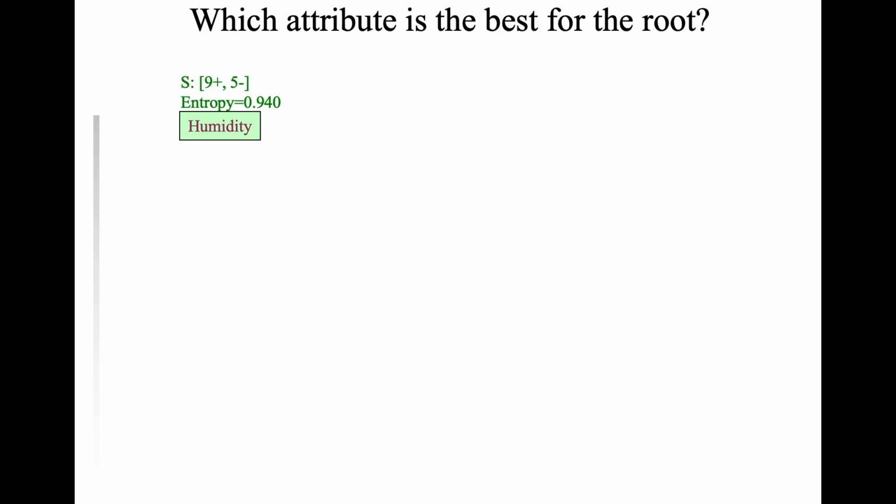Is it clear? Okay. So now for humidity, we have 2 outcomes. What are the test outcomes here? Either its humidity is high or normal. So if the humidity is high, now for humidity high, we want to calculate S high.